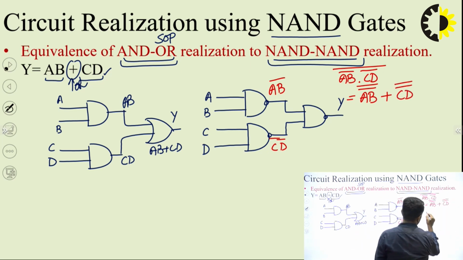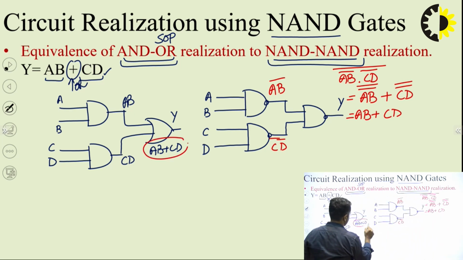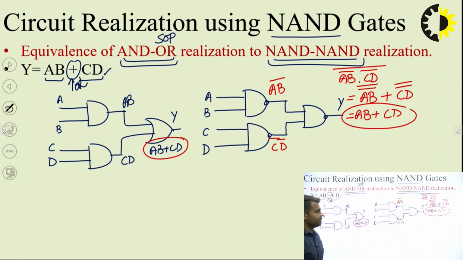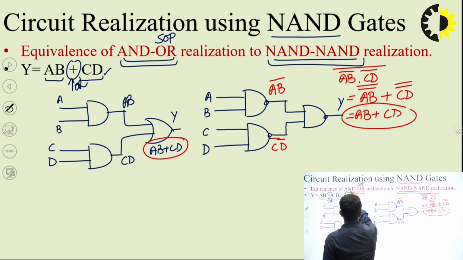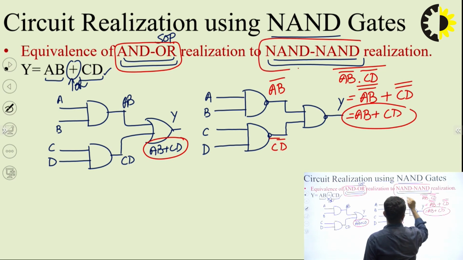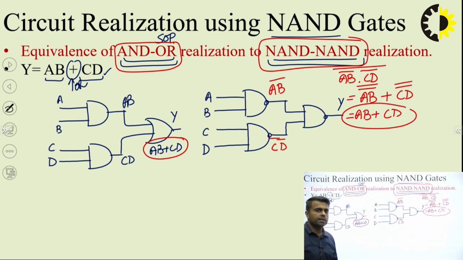So these double complements will cancel out each other and the final expression will be AB plus CD. That means both these circuits are giving identical outputs. That means I can say that this AND OR realization is equivalent to NAND-NAND. So this is the basic expression which we have realized using NAND gate.